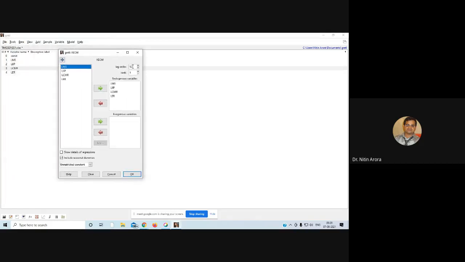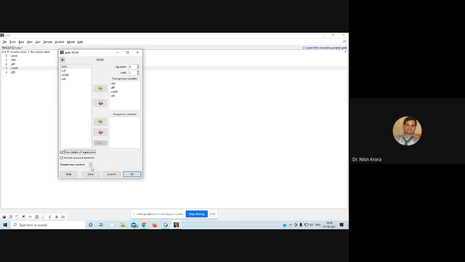In VECM, what will we be doing? We will be selecting the lag length 4, the rank 2. Endogenous variables are there. If regression detail is required, we can include seasonal dummies. They have already been included.